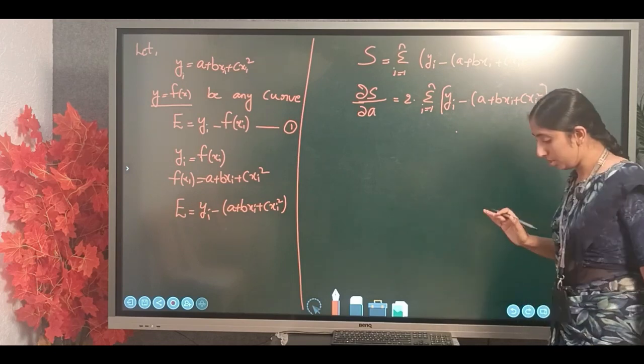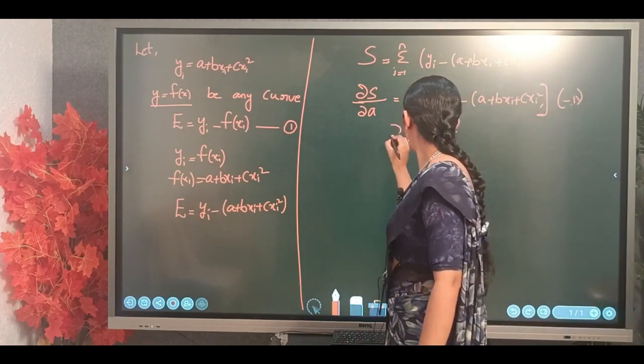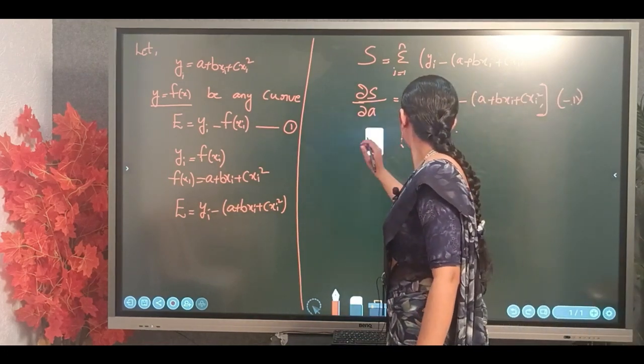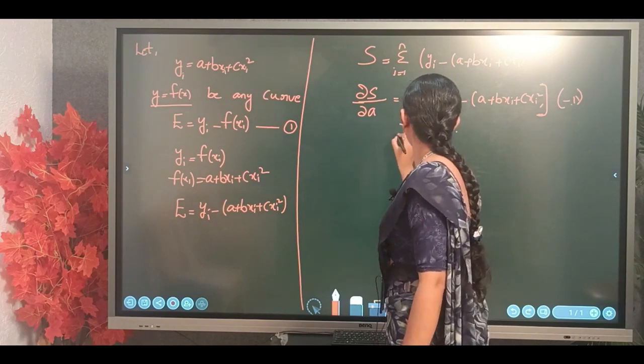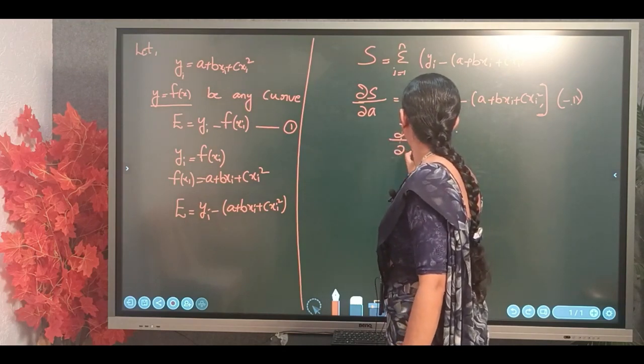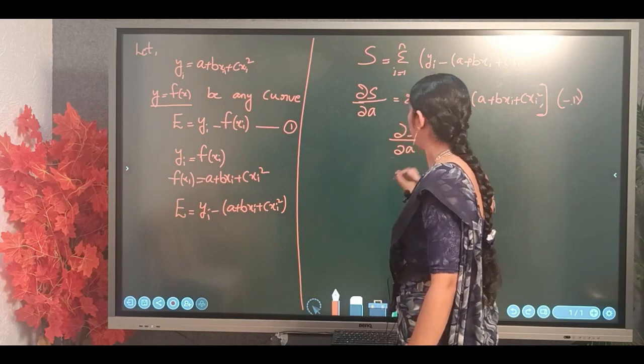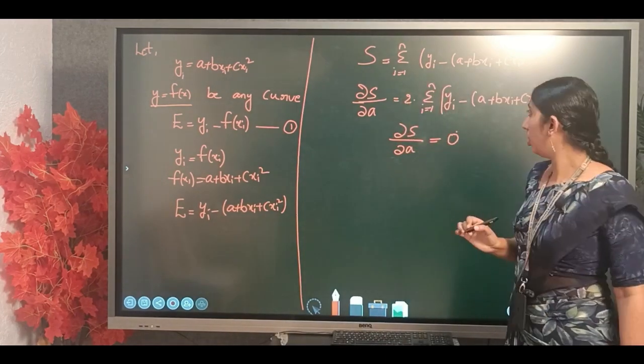So here another condition is there. You have to equate dou S by dou a is equal to 0. Then only you get a normal equation.